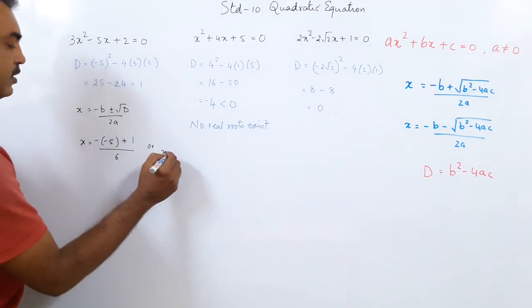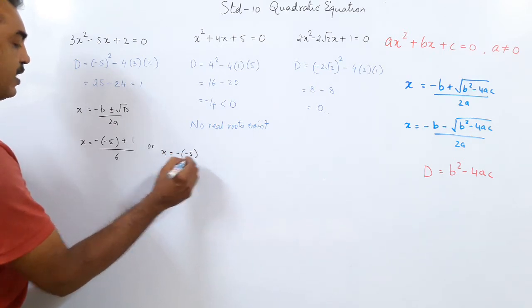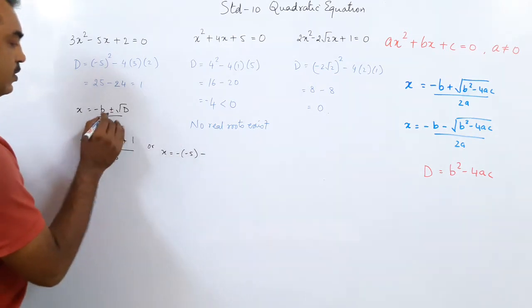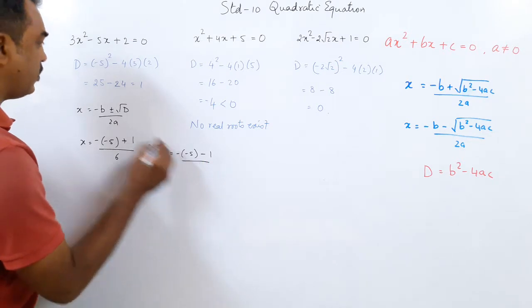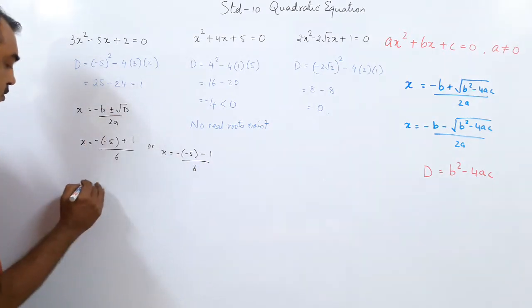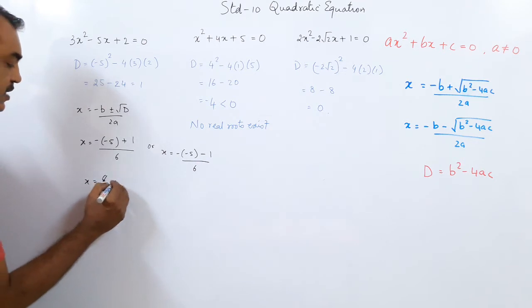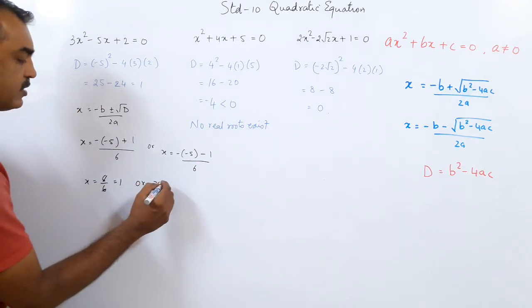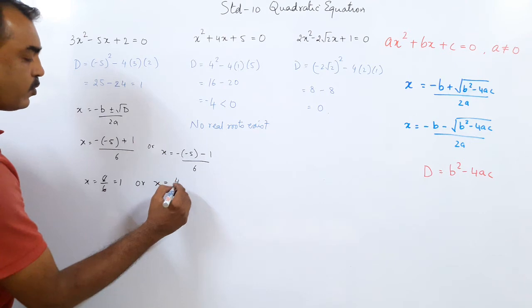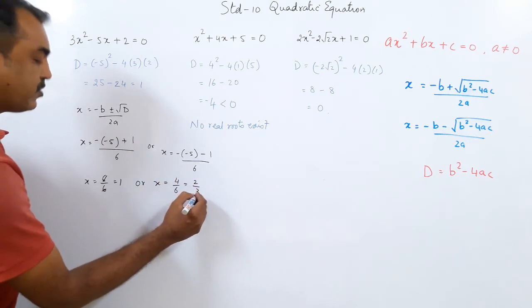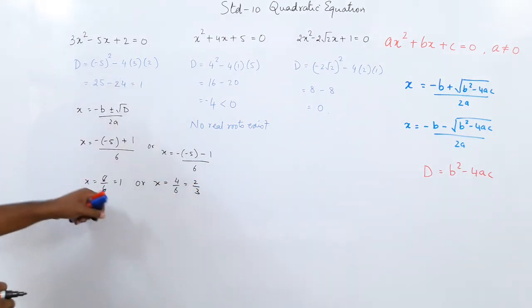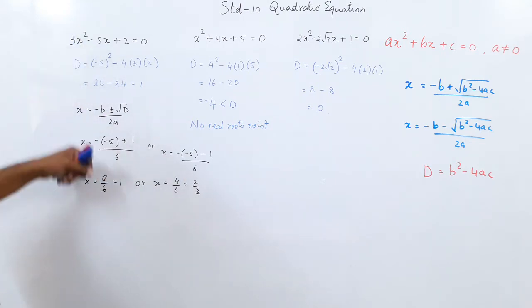Or x equal to minus of minus 5. Now the minus root D, so minus 1 upon 3 2s are 6. So minus of minus is plus, 5 plus 1 is 6, 6 upon 6, x equal to 1, or x equal to plus 5 minus 1, 4 upon 6, or 2 upon 3. So here we have x equal to 1 or x equal to 2 upon 3.